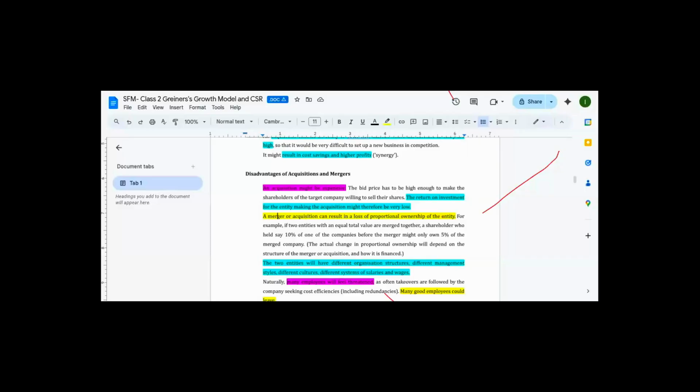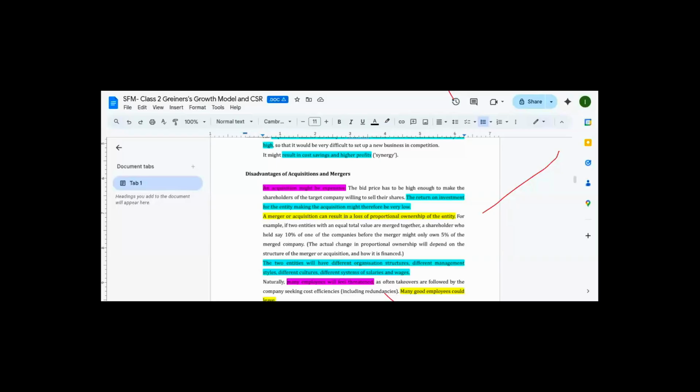Another disadvantage is this: a merger or acquisition can result in a loss of proportional ownership of the entity. I put it here that, for example, if two entities with an equal total value are merged together, a shareholder who has, for instance, 10% of the company before the merger might only own 5% of the merged company.